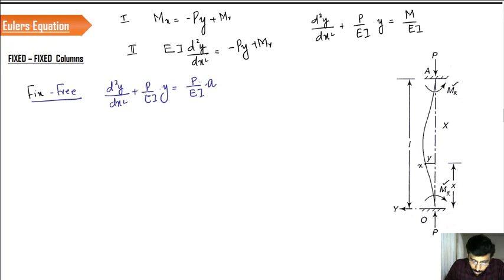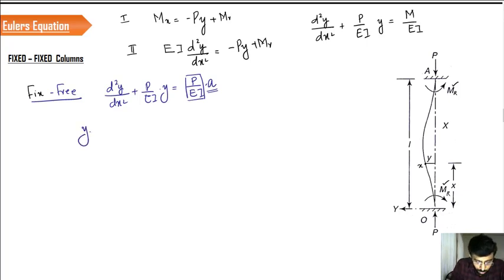That means the term on the right hand side should have a P by EI with it, and whatever comes along with that P by EI, that is A, can be seen in the solution. And what was the solution for this?